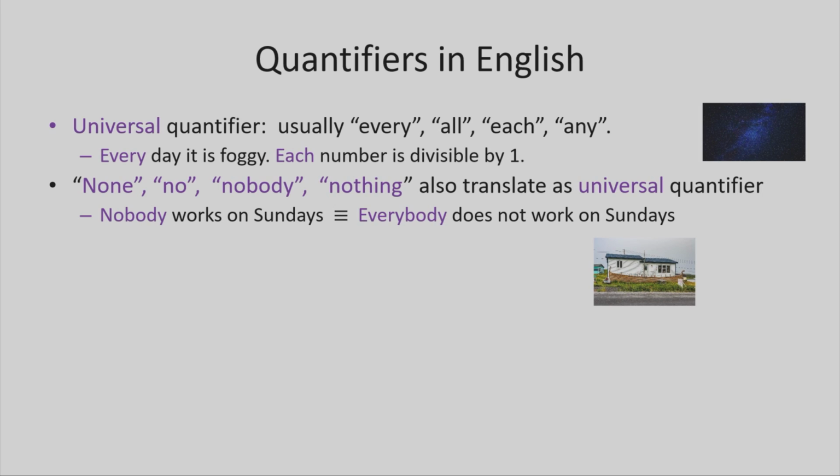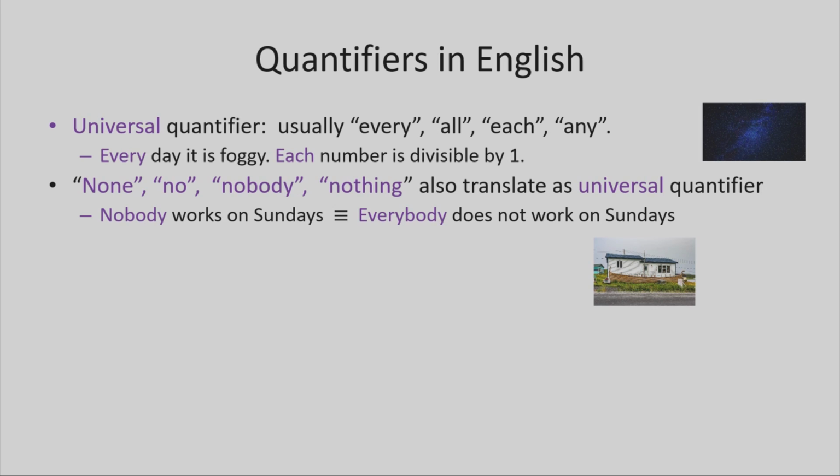Every day it's foggy. Each number is divisible by 1. Also, none, nobody, nothing, and so on translate as universal quantifier because they mean that for everything, something does not happen. Nobody works on Sundays. Everybody does not work on Sundays.